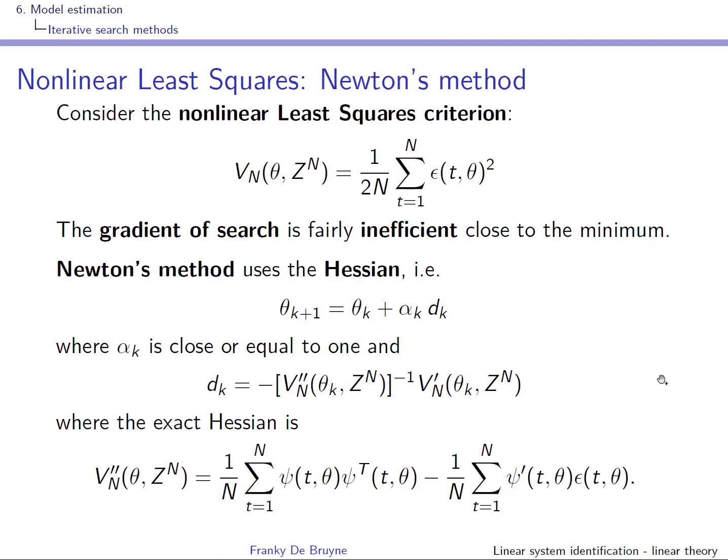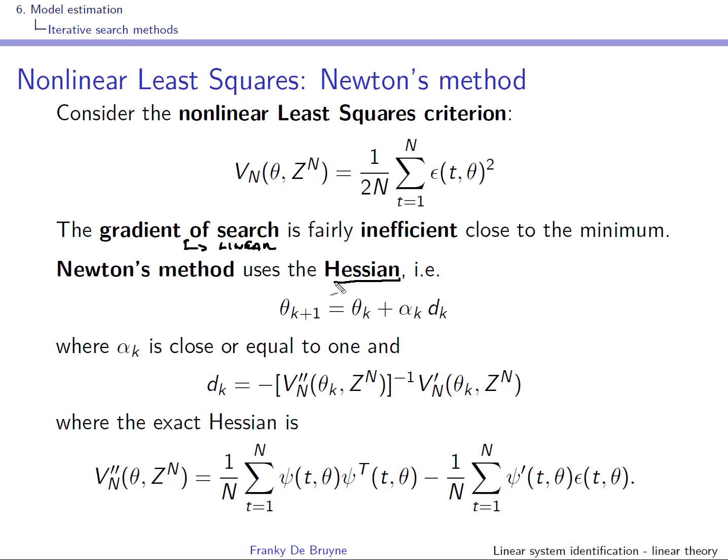We have seen that this gradient search is fairly inefficient close to the minimum, and also that the speed of convergence is linear. Therefore, in last year's optimization course we considered the idea of using the Hessian.